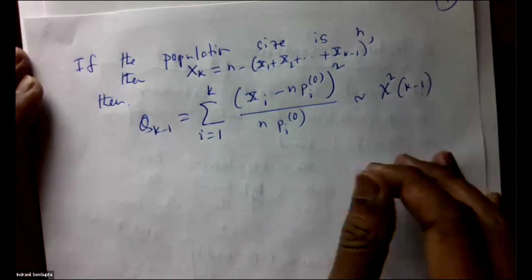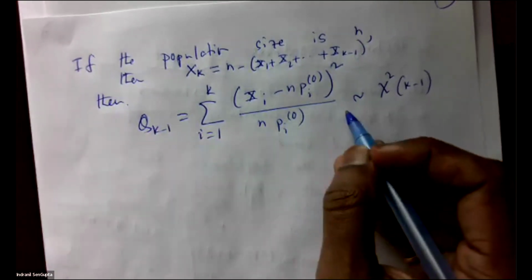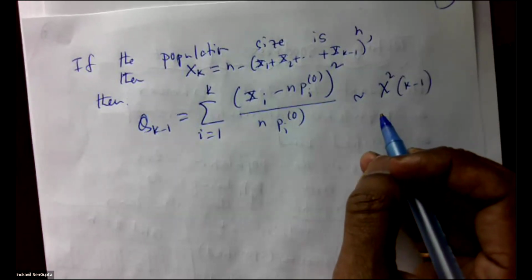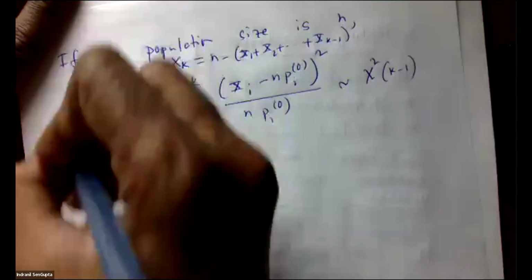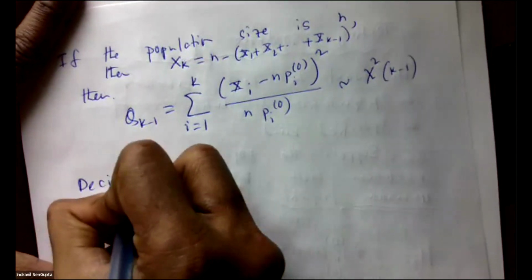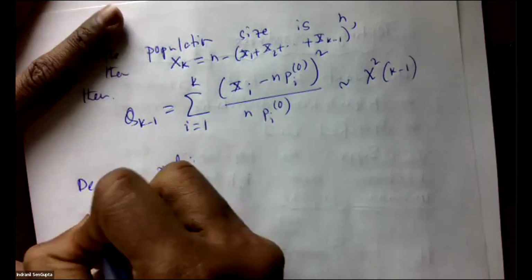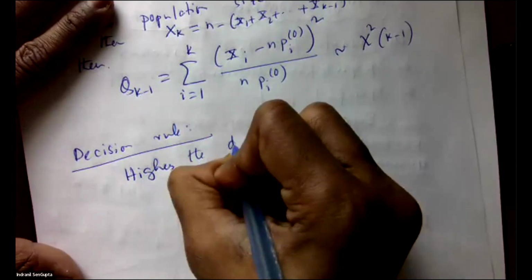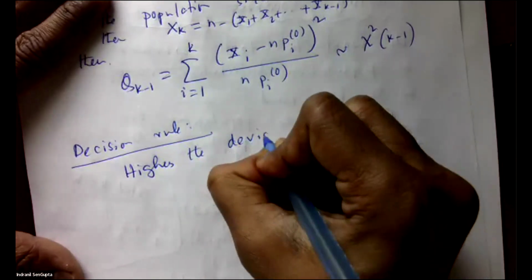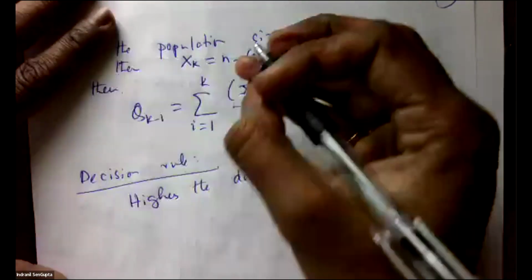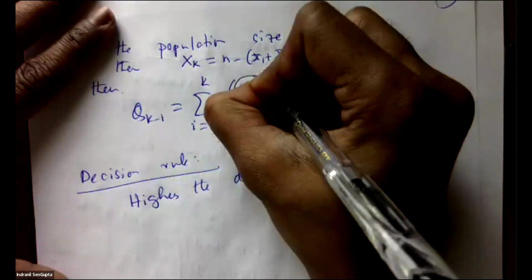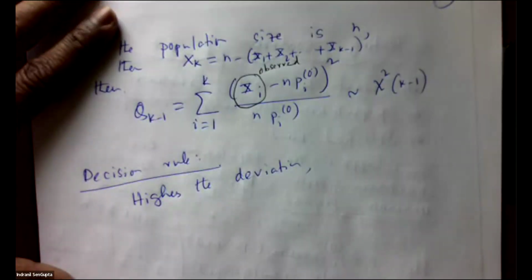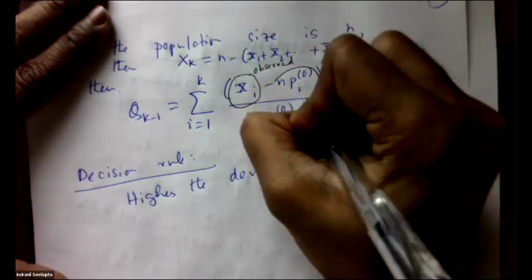And now this follows a chi-square distribution, so we can do whatever test we want. So the decision rule would be, well, the higher the deviation... Remember, this is the observed ones, right? And this is the expected one.